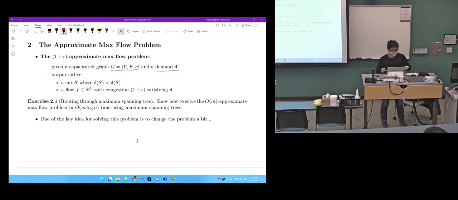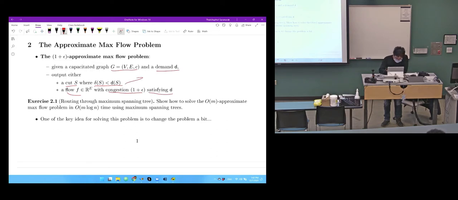If there is a cut violating the demand, then there is no feasible flow to satisfy this demand. Otherwise, if it is exact, you would like to find a flow that is feasible and satisfies the demand. But here we have some relaxation: instead of being feasible, the flow has some small congestion, 1 plus epsilon, and it still satisfies the demand.